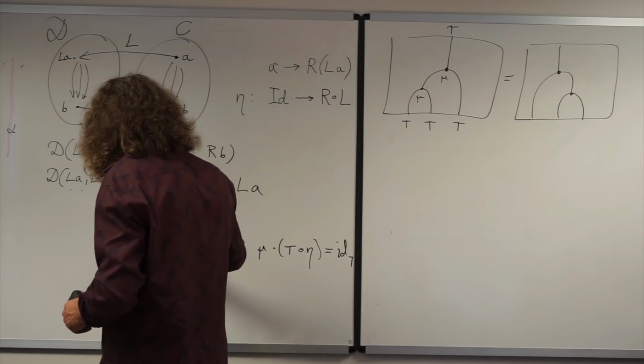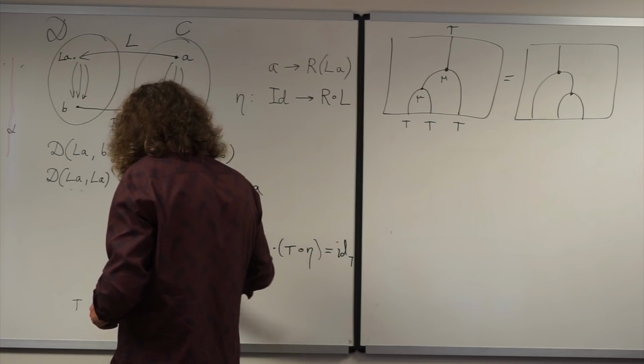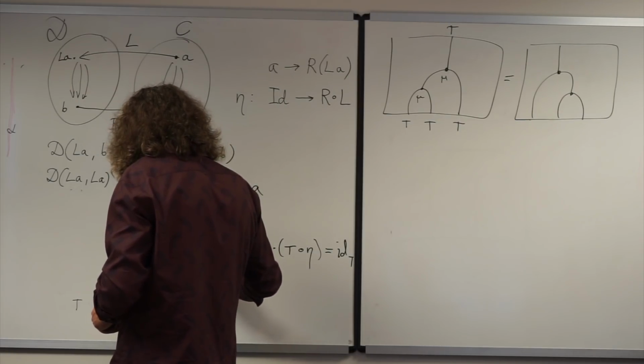So now I have Hom from RB to RB, which has an identity at RB.